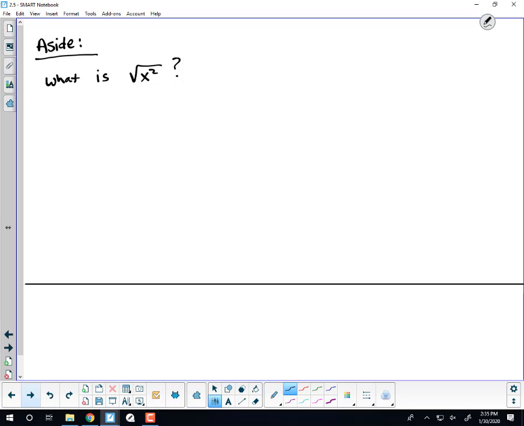Okay. So what is the square root of x squared equal to? X. Most people would say x, but it's not. So we're going to talk about this. If the square root of x squared did in fact equal x, let's just check.